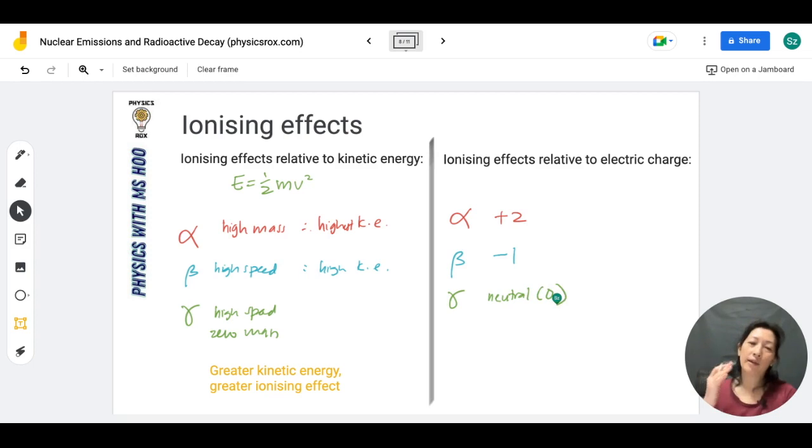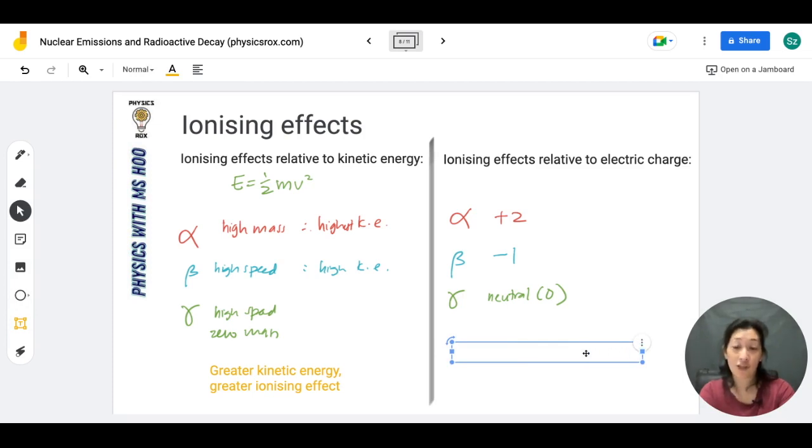And again, we know alpha has the greatest ionizing effect, followed by beta and then gamma. So what this tells us is that if you look at the charge, you can see alpha has the greatest charge compared to the others also, right? So greater electrical charge means greater ionizing effect.